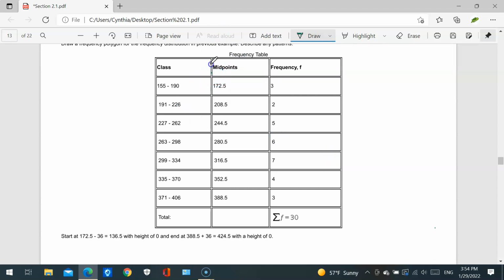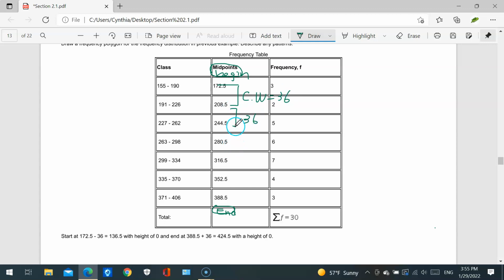So this is the midpoint, right? Here we need to find the begin point, and then we need to find the end point here: the end midpoint and the begin midpoint. Now, if you subtract the 2 midpoints here, the difference is the same as the class width, which is 36. When you subtract these 2, you get 36 as well.